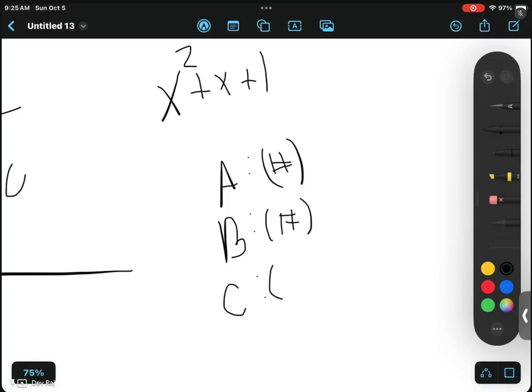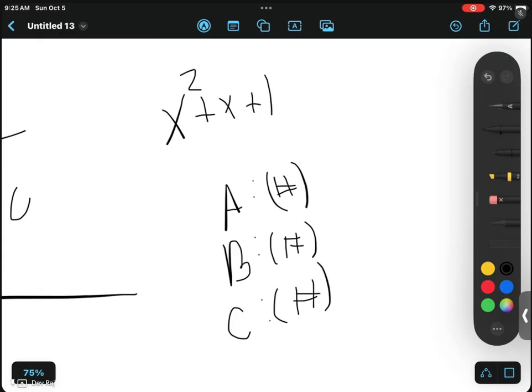So what's in front of the x squared? What's the coefficient? Remember, if there's no number, there's always an imaginary one, right? If there's no number in front of it, it would be 1.